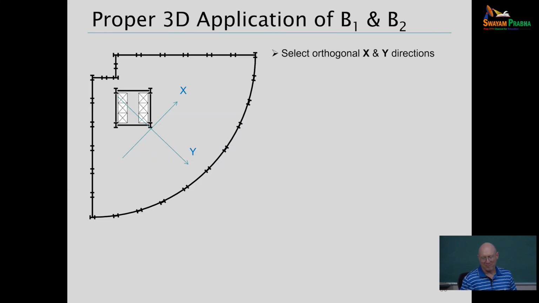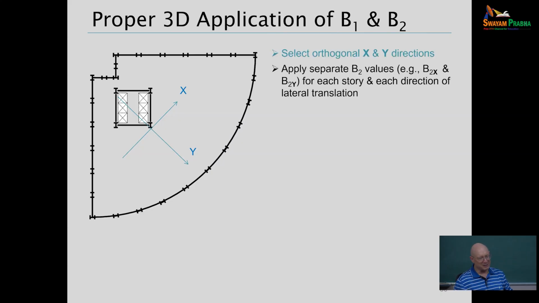So if you've got a 3D frame, you generally have to select some orthogonal X and Y directions. So you'll see a frame here where maybe the principal axes of the structure aren't so nicely aligned with the orientations of the columns. So we've got an X and a Y. Then we're going to do our calculations.